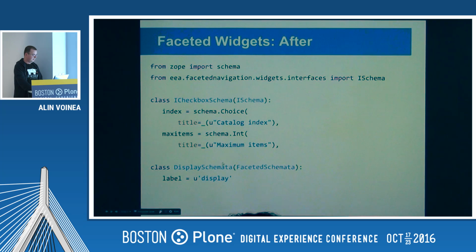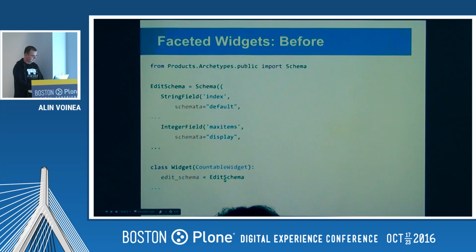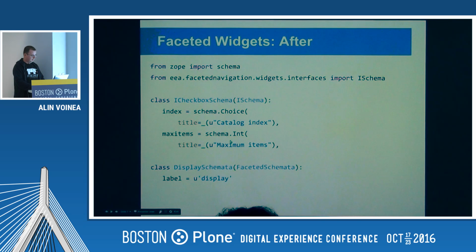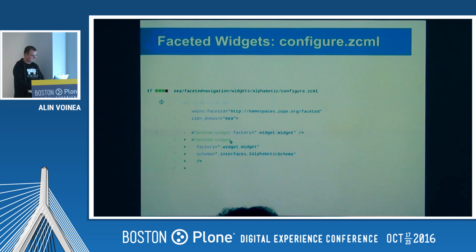So you just define your schemata like this. This faceted schemata is a class in faceted navigation. Just import it and define your schemata with label and display. So if it was like that before, now it is like this.